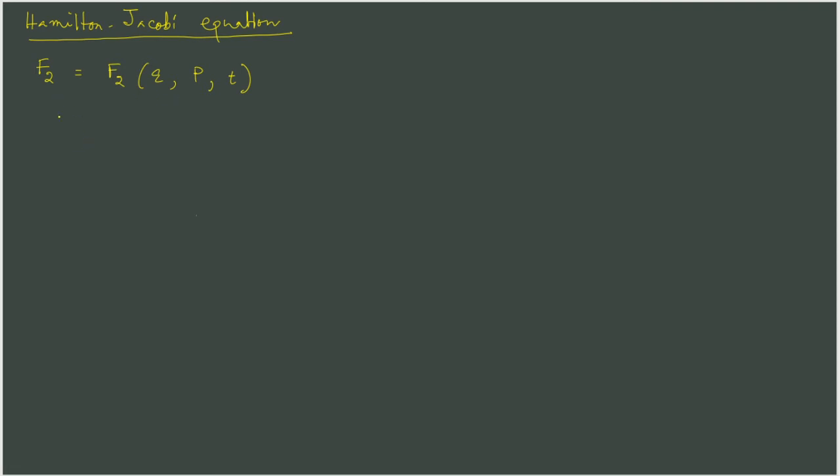And for such a choice, we have already seen the old momentum, say the jth momentum, can be obtained from the generating function using this relation, and also the new coordinates.